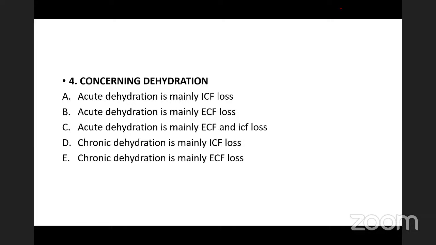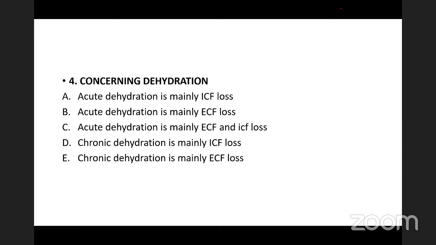Acute dehydration is mainly ECF and ICF loss. Chronic dehydration is mainly ICF loss. Chronic dehydration is mainly ECF loss.